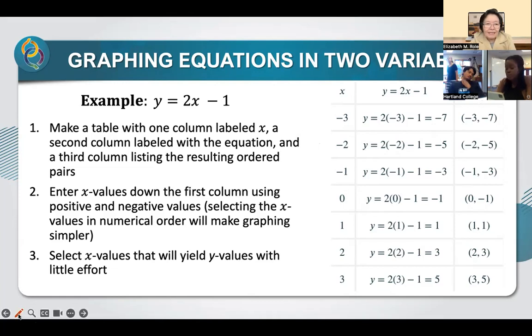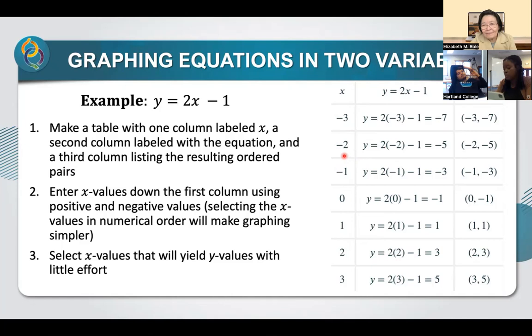Just for illustration, if your x is -3, just like what we did in evaluating algebraic expressions previously, you substitute -3 instead of x and proceed with the multiplication. So 2 times -3 is -6, minus 1 is -7, so your coordinate would be -3, -7.